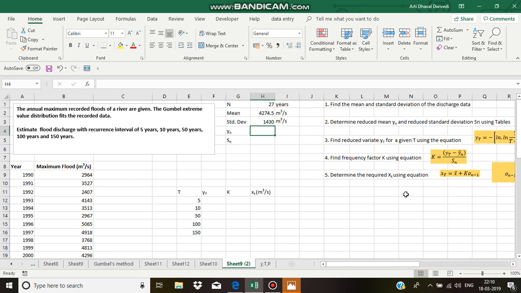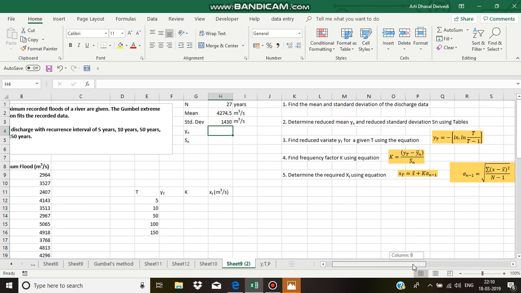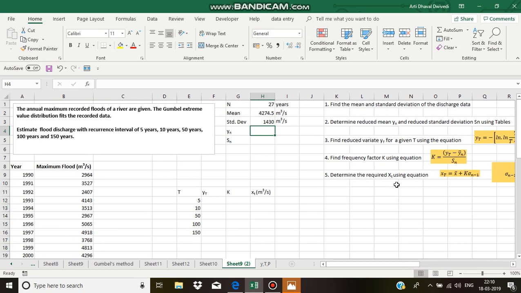Now determine the reduced mean yn and reduced standard deviation Sn using tables. Okay, so we'll find out yn and Sn, which will be required in this equation to find the frequency factor. So they can be found out from the tables.